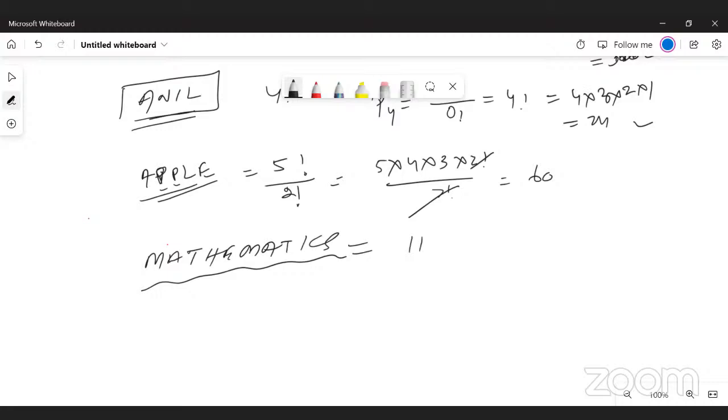Wherever there is repetition, we divide. M occurs 2 times, A occurs 2 times, and T also occurs 2 times. So 11 factorial divided by 2 factorial into 2 factorial into 2 factorial. Wherever there is repetition, we divide.